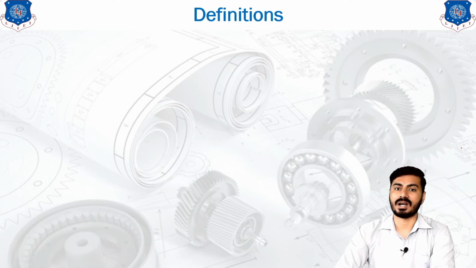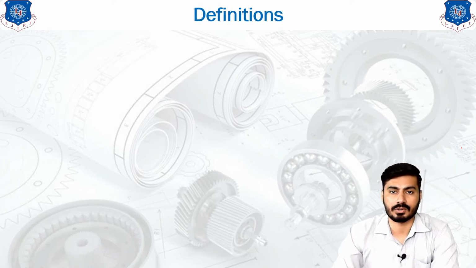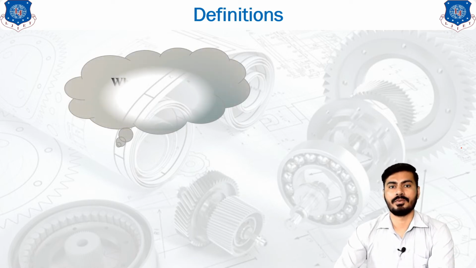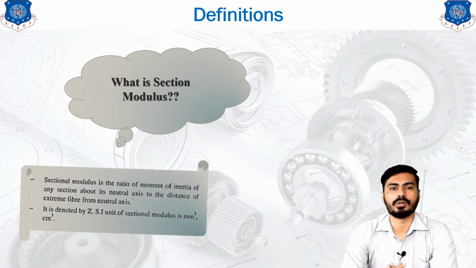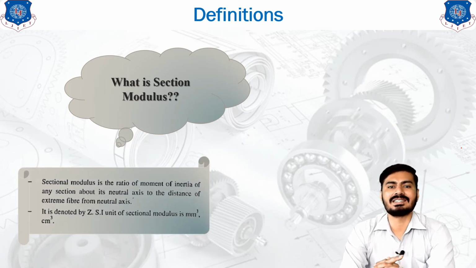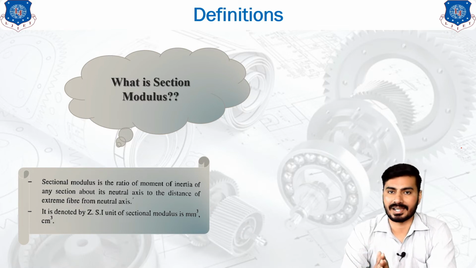Now we will see one of the basic definitions of this chapter, which is the section modulus. What is section modulus? Section modulus is the ratio of the moment of inertia of any section about its neutral axis to the distance of the extreme fiber from the neutral axis.